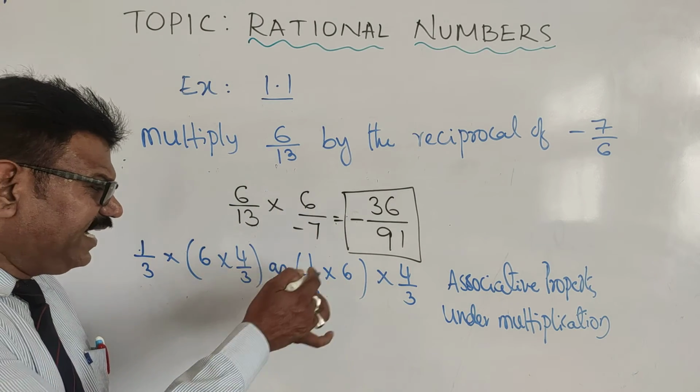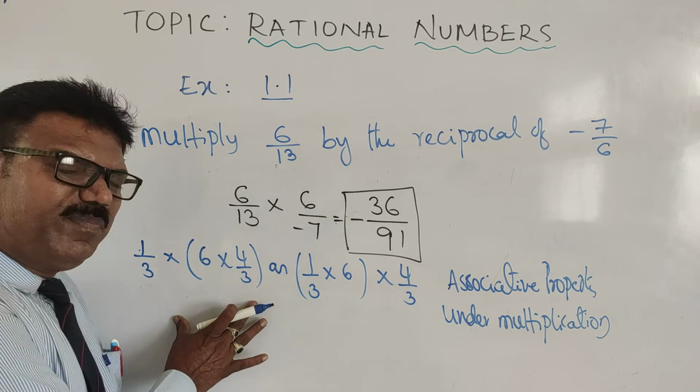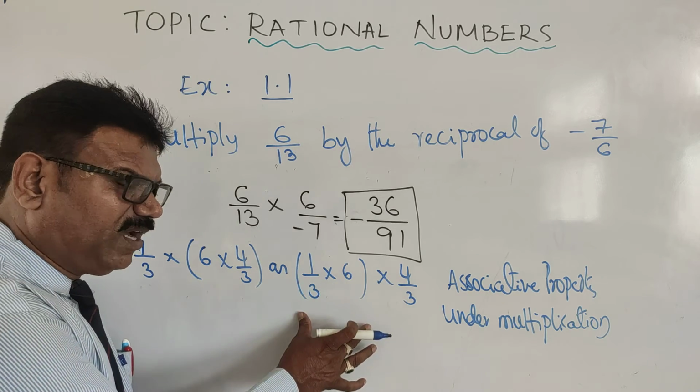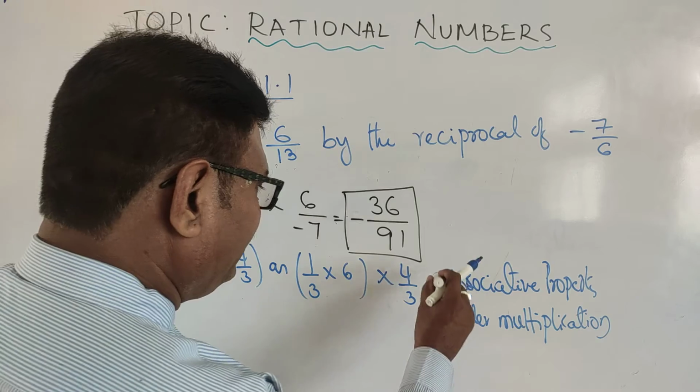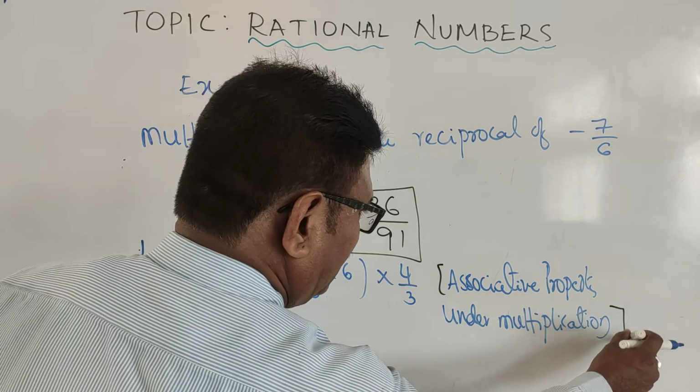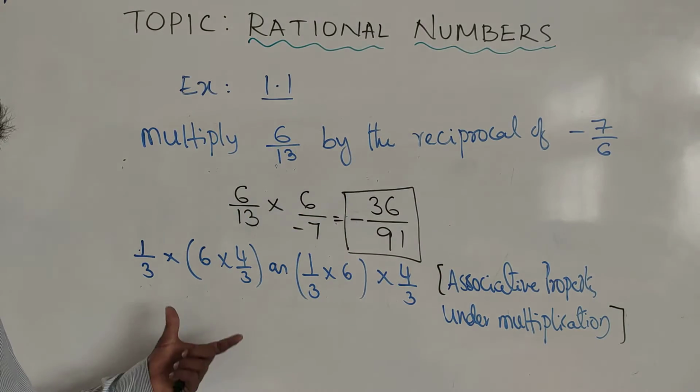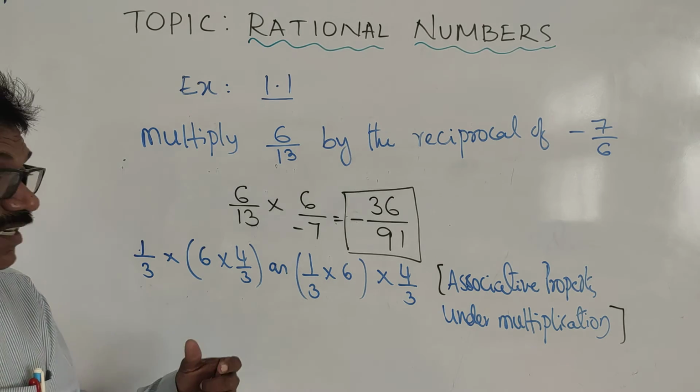Very, very simple. You should write the name. That's all. Which property can we solve this with? Only the associative property under multiplication, because here we have only shifted the bracket.